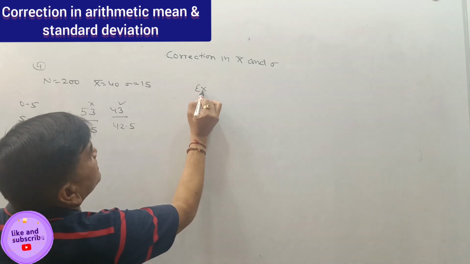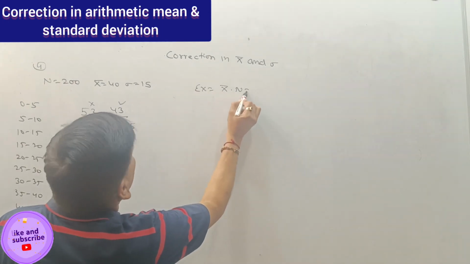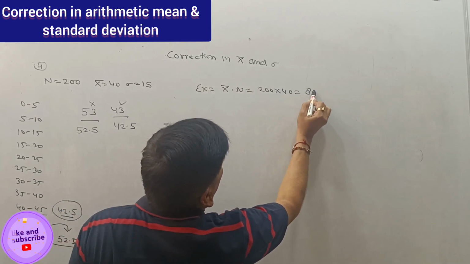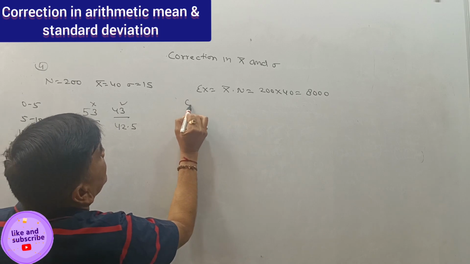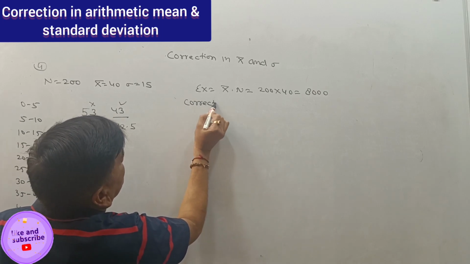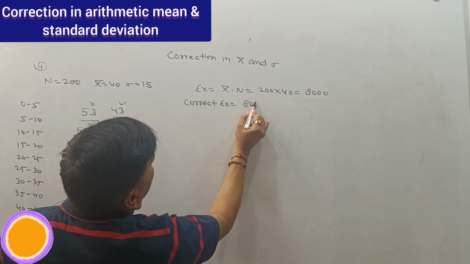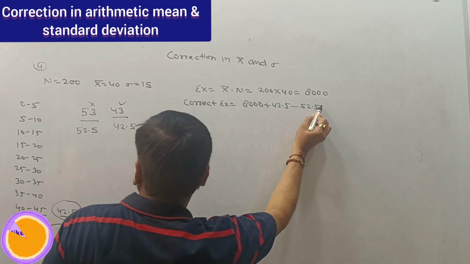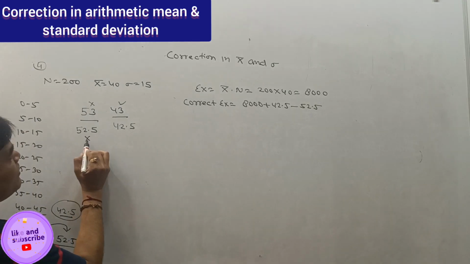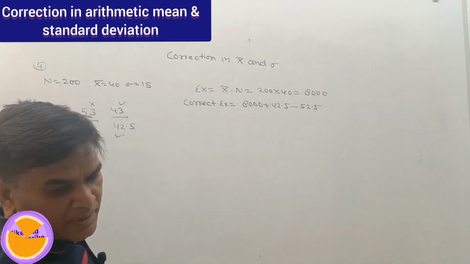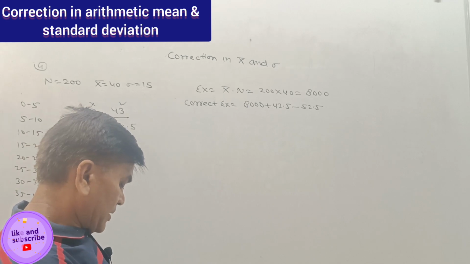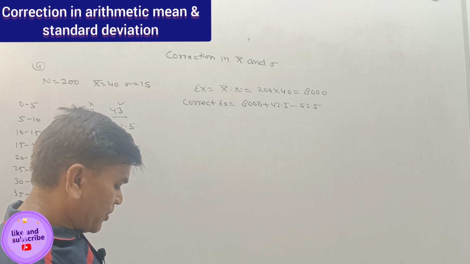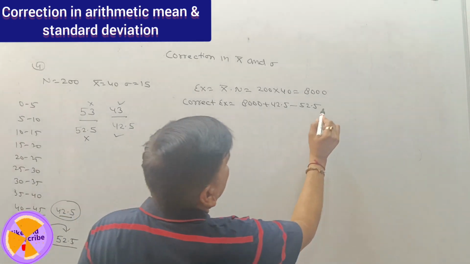Firstly, sigma x is x bar multiplied by n, that is 200 multiplied by 40, which is 8000. Correct sigma x is 8000 adding 42.5 and subtracting 52.5, because this is the wrong value and this is the right value. So 8000 plus 42.5 minus 52.5 is 7990.